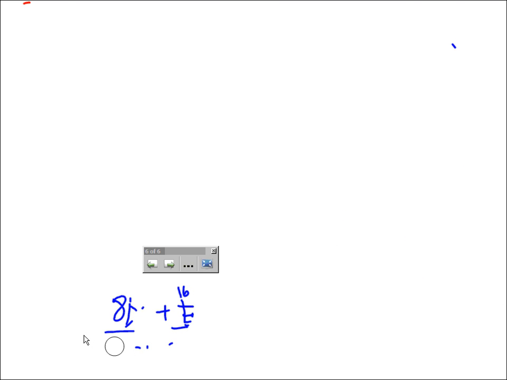Which isn't surprising. And the reason it shouldn't be surprising is if you have a constant, when you take the derivative, it's going to become 0.